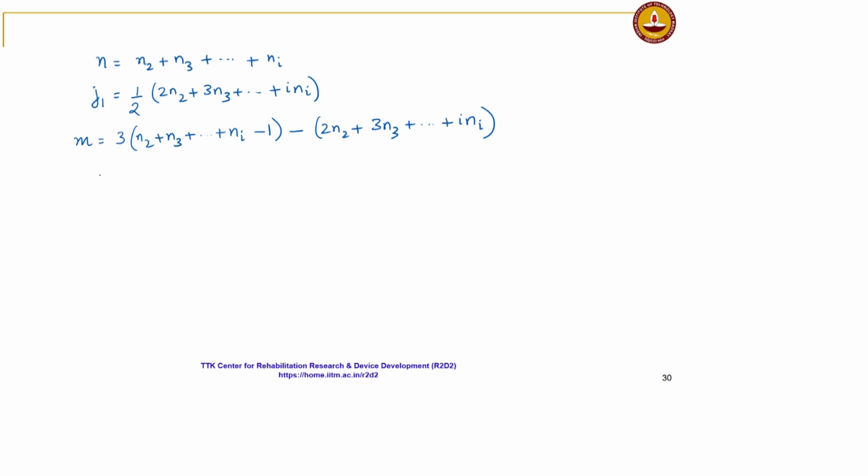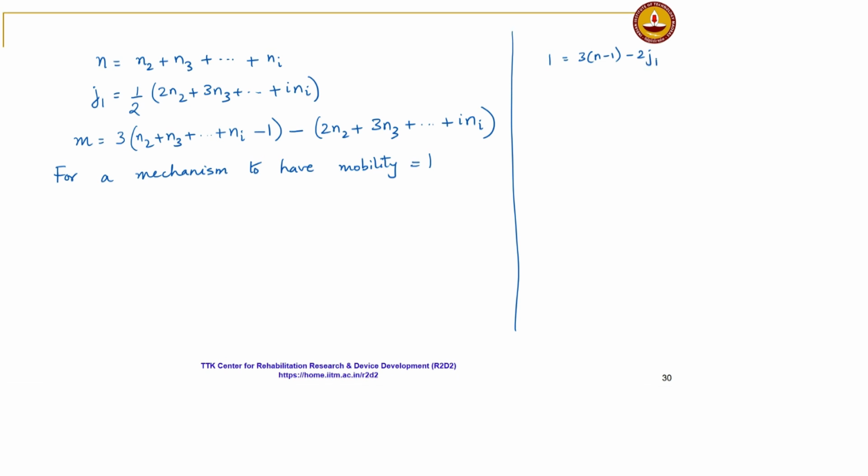So, what do I get? Now, for a mechanism to have mobility 1, which is the most practical application, you have one input and you want a predictable output, I can write the original mobility equation as 1 equal to 3 into n minus 1 minus 2j1.